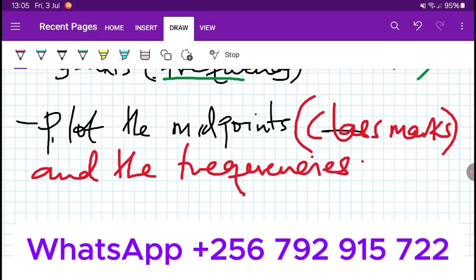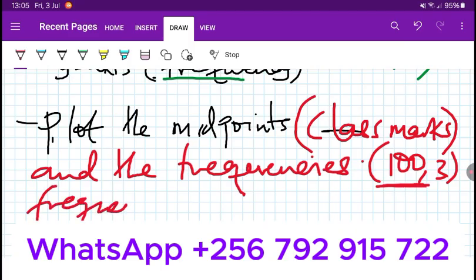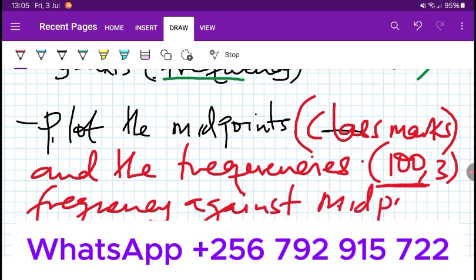So if we are plotting, we start with, let's say, 100 to 3. It means its frequency against what? How are these pairs ordered? It will be frequency against the midpoints, depending on how this has been arranged, because we start with the midpoint.